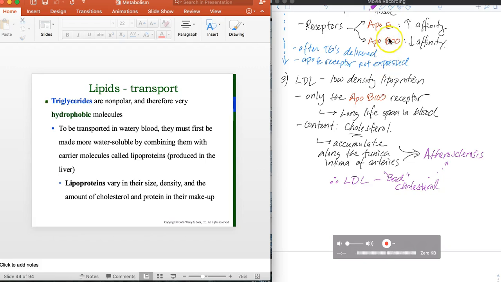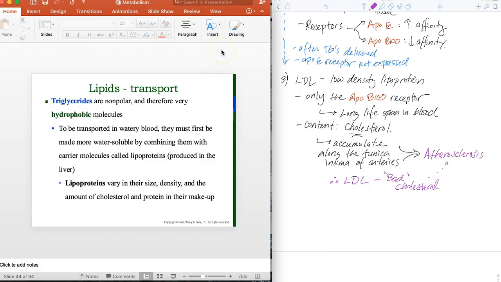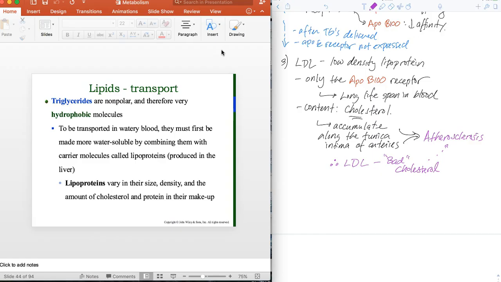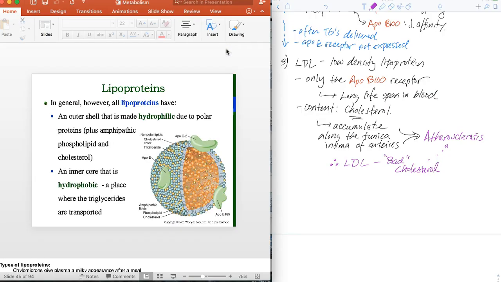When they had that high affinity receptor, it was referred to as the VLDL, but the LDL no longer expresses that. Now, there's got to be something to the rescue, right, to basically offset the production of the LDL, and there is. The thing that you can produce to offset it is this final category that we'll talk about next.